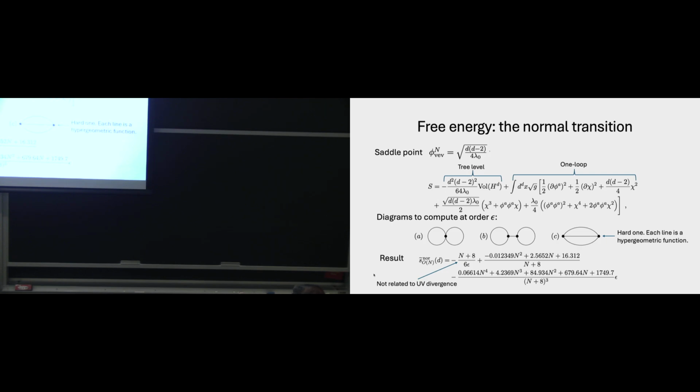The tree level cancels the one loop one. If we expand the tree level one to all orders in epsilon, it cancels the one loop. But that's for some n that is not an integer. It looks pretty big, probably not accurate. Here it's numerical. But neither is the dimension.